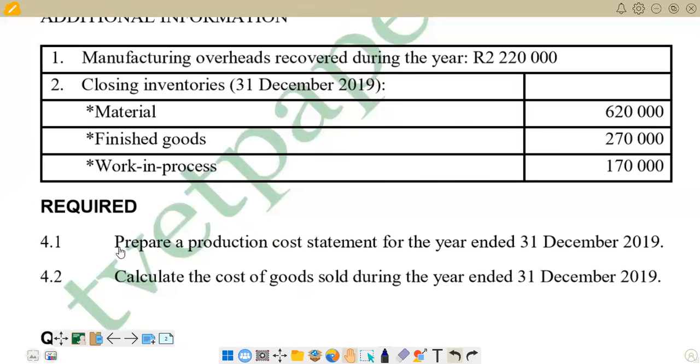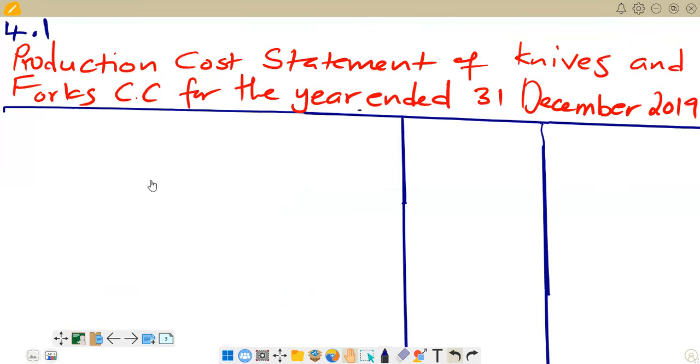If you go to the other section, this is our production cost statement for Knives and Forks CC for the year ended 31 December 2019. So we are going to have two columns, and at the beginning of this production cost statement, we are going to have our opening stock or opening inventory.